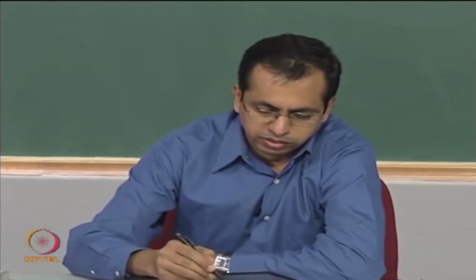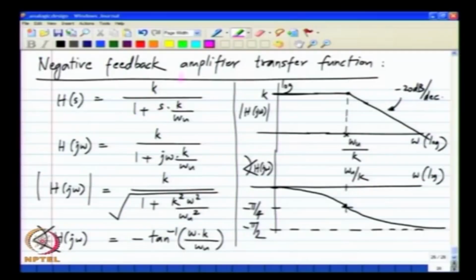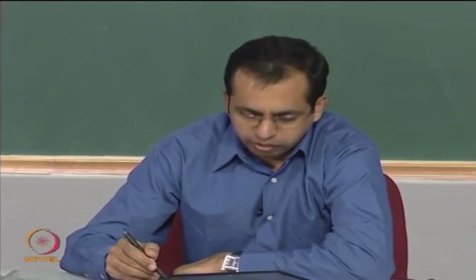So, this gives the magnitude and phase plots of our transfer function. The summary to take home from this is that the DC gain of the transfer function is k, as we expect. It has a single pole at omega u divided by k, and if you look at the magnitude plot, the magnitude remains at k for frequencies less than omega u by k, and after that it rolls off at first order, meaning minus 20 dB per decade.